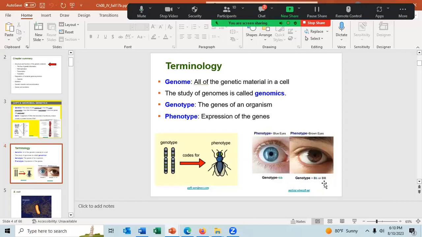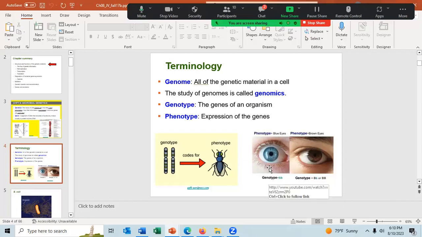We'll talk a little bit more about that later. That's why the brown-eyed individual can have an uppercase B brown-eyed allele and maybe a blue-eyed allele, which is recessive, or they can have 2 brown-eyed alleles. Anyways, that's their genotype. The phenotype is the expression of the genes in an individual.